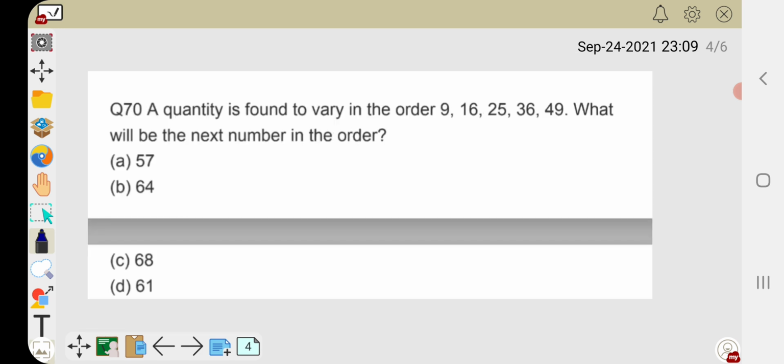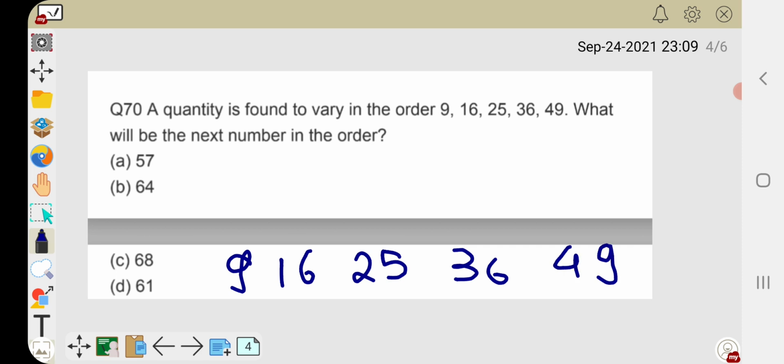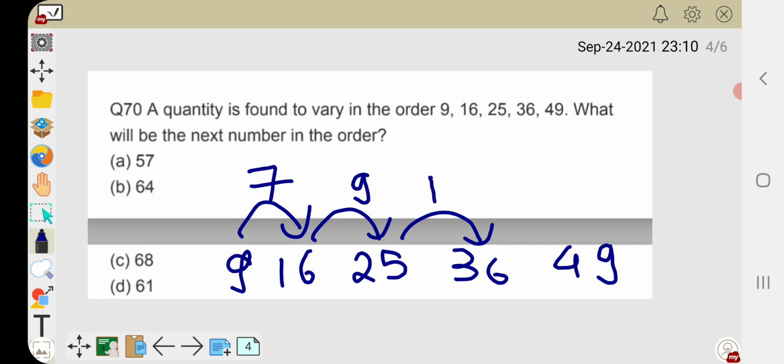A quantity is found to vary in the order 9, 16, 25, 36, 49. What will be the next number in order? Now if we check the difference between two numbers, then 9 plus 7 is 16, 16 plus 9 is 25, 25 plus 11 is 36, 36 plus 13 is 49.